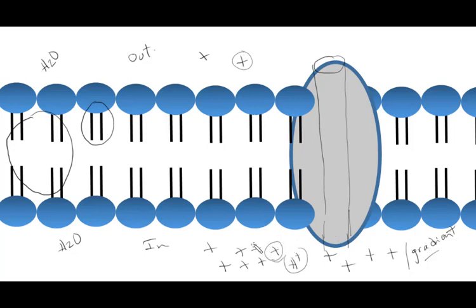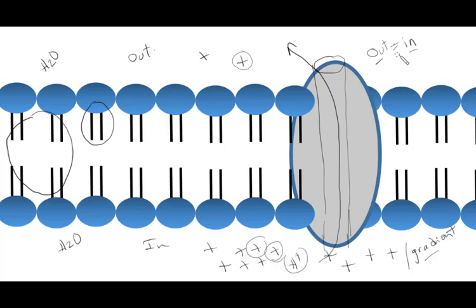So what's going to happen to all of these ions here? Well, you know what's going to happen to all of these ions here. They're all going to go on that side here, and then the movement of these ions is going to stop when the amount of positive ions on the outside will be equal to the amount of the ions on the inside.